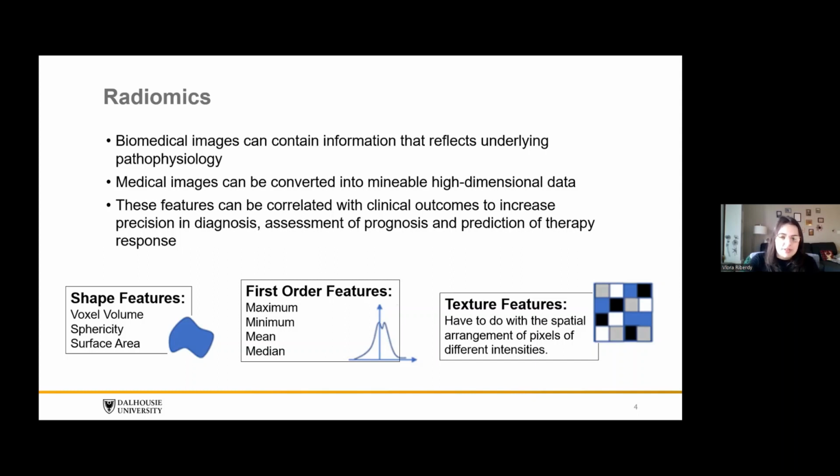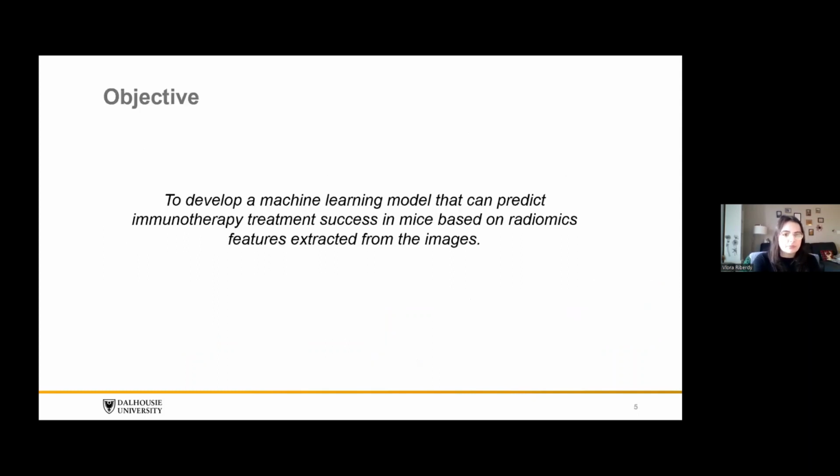And then we move into texture features, which are a little bit complicated and have to do with the spatial arrangement of pixels of different intensities. As Kim said earlier, tumors are very heterogeneous, and we can extract those features and see if they have any correlation with treatment outcome.